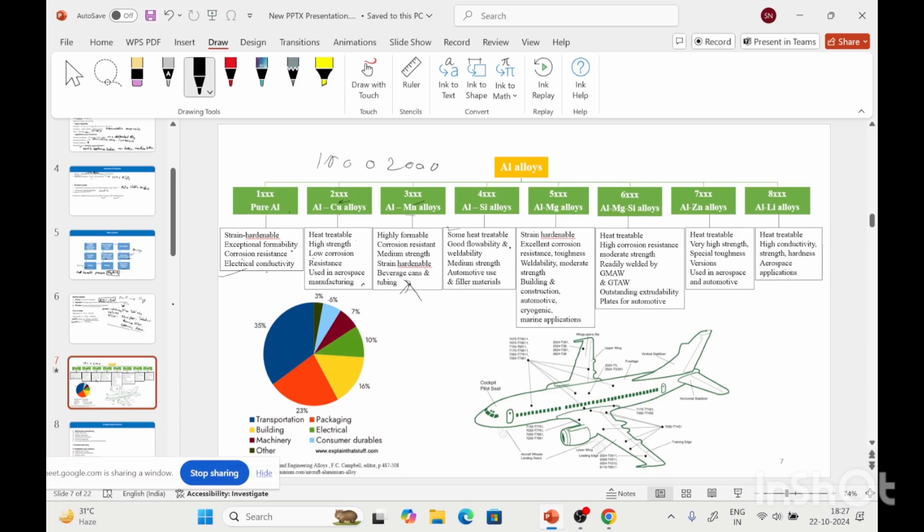The good flowability and weldability come from the silicon present in it. Then it has medium strength, and applications are in automotive use and filler materials. Filler materials means welding and brazing applications.